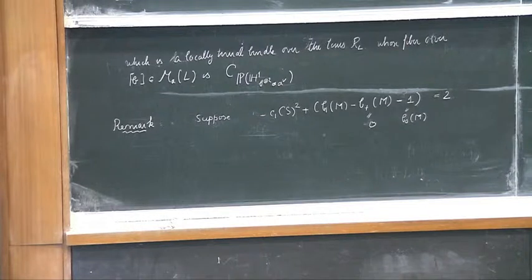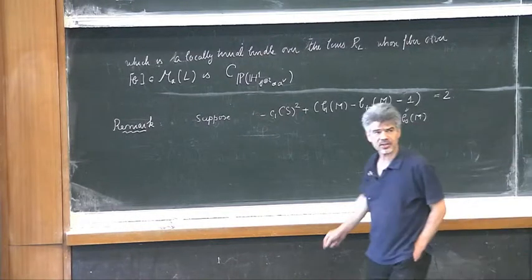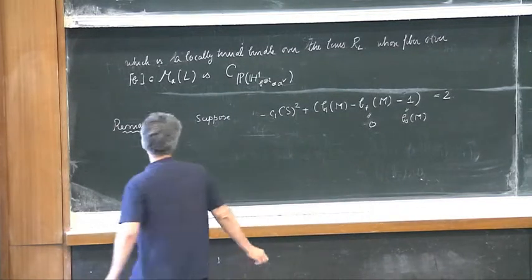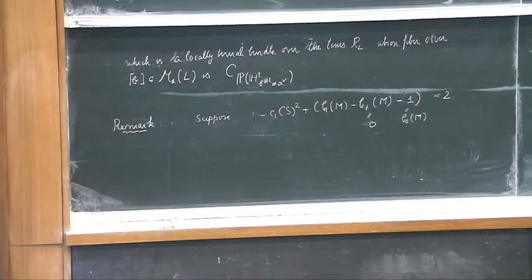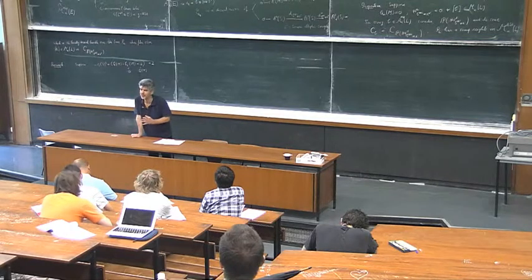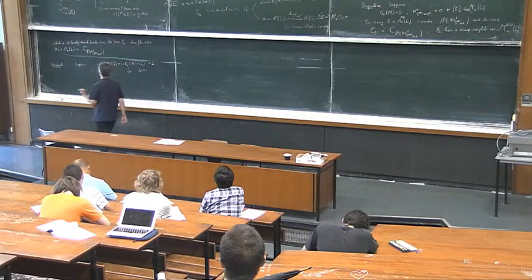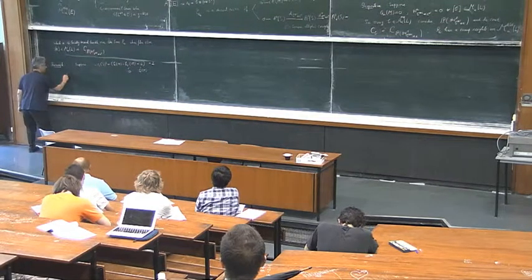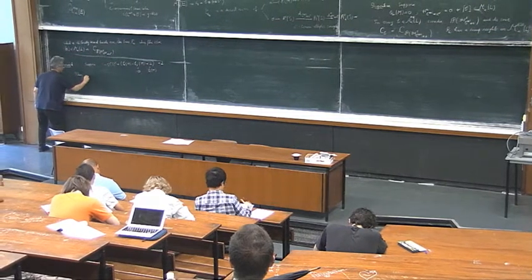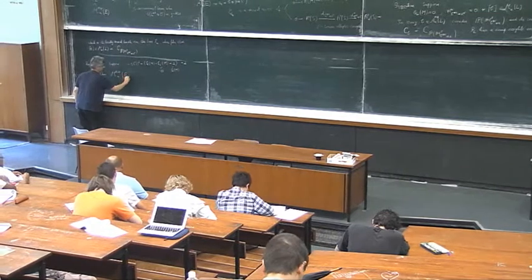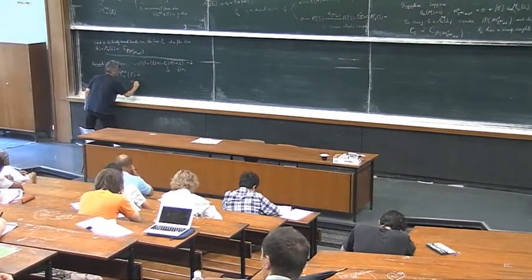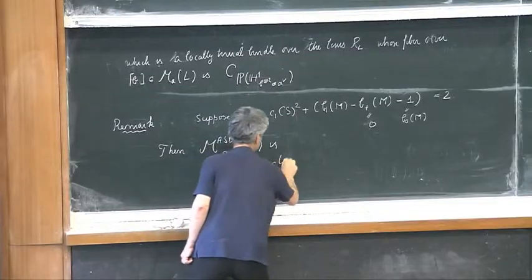Then we have a strange phenomenon which happens only in this case. Namely, the moduli space will be smooth at the points of the reductions, which is very, very special. Why is it smooth? Then M, our moduli space, is a smooth manifold.